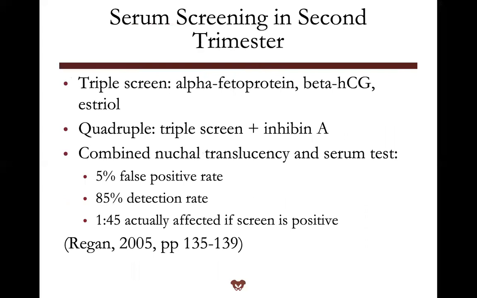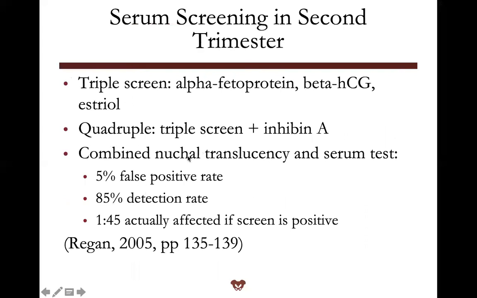So in the second trimester, we talked about the serum screening earlier that can be combined with that nuchal translucency test. So you may hear varying versions of this. So one is the triple screen, and this is where they assess for alpha fetoprotein and beta HCG and estriol.